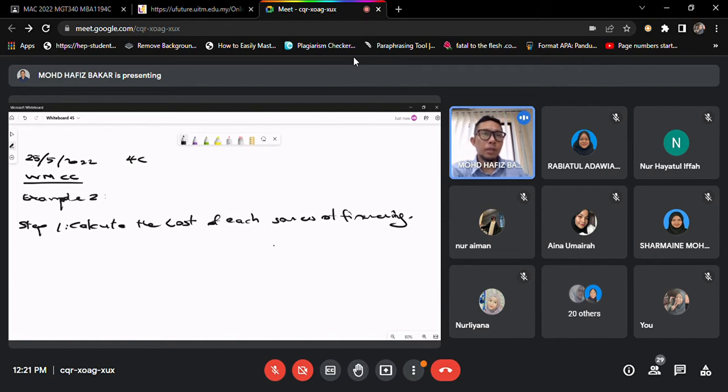Usually we do debt first, debt or bond. So they already provide the information. There are two costs. Cost number 1 is how much? In the book, example 2, you can refer to paragraph number 3.